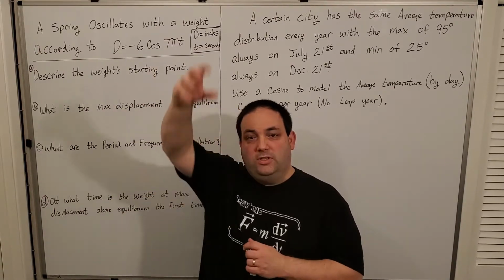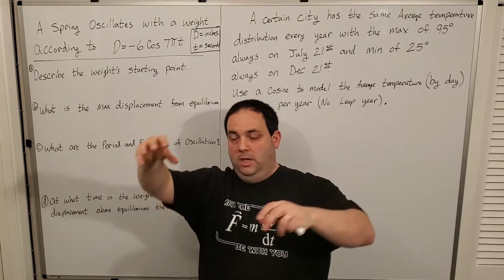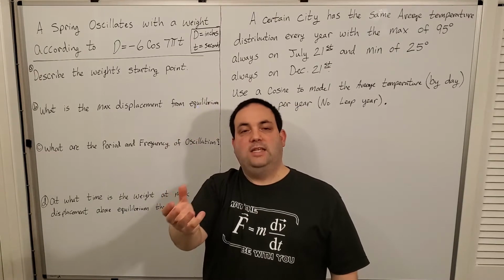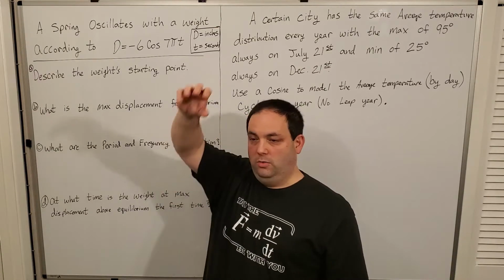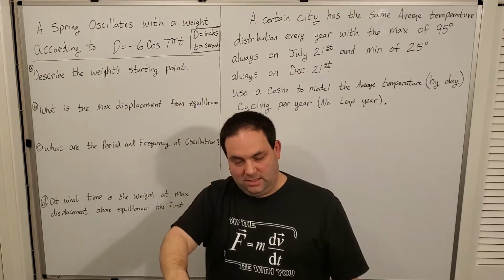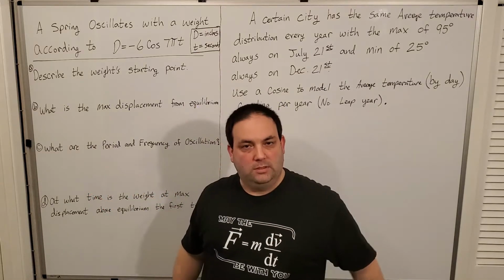Imagine the spring that we talked about oscillating around an equilibrium. So if you just let the spring rest, right, and the weight hangs there, that's equilibrium. Okay, so the weight is now bouncing around equilibrium, some maximum height, some maximum low, and it just keeps going and going and going until you stop the experiment.